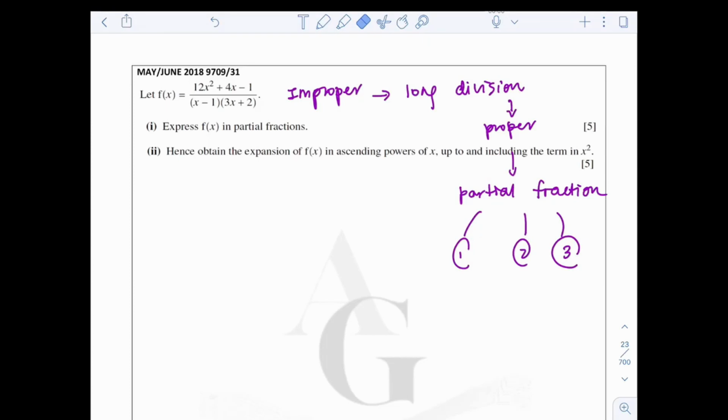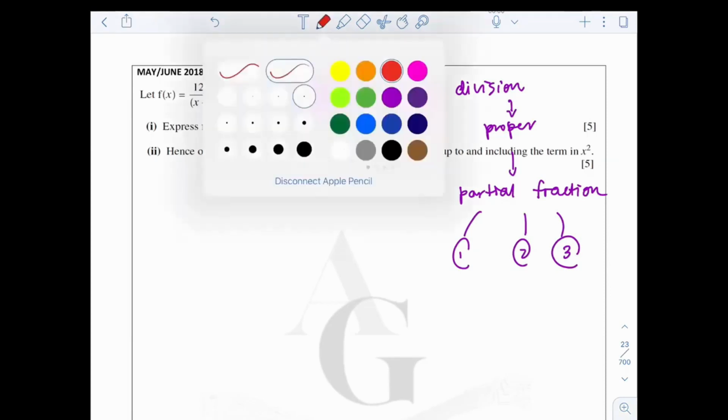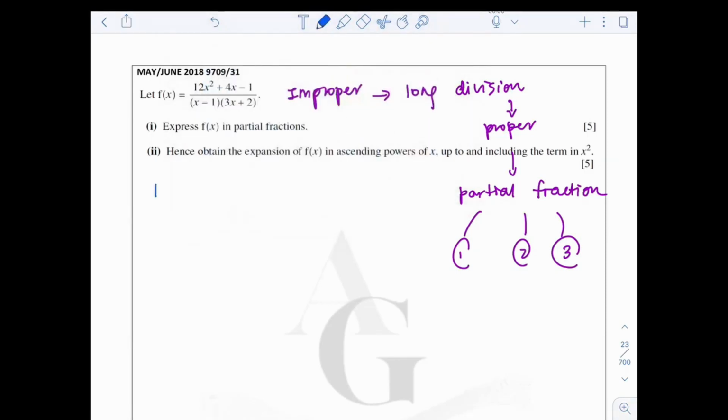Let's say for this example, we have noticed that it's an improper fraction. So the first step is to do long division. Before we can do the long division, you have to expand the bottom part, making it 3x squared minus x minus 2.